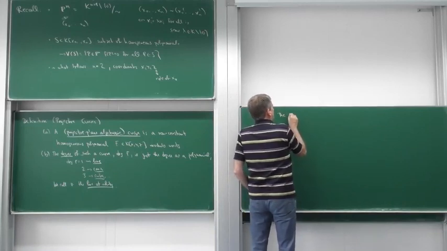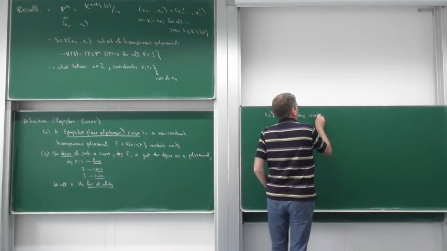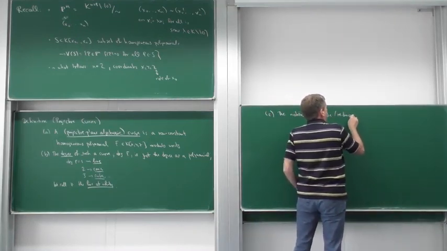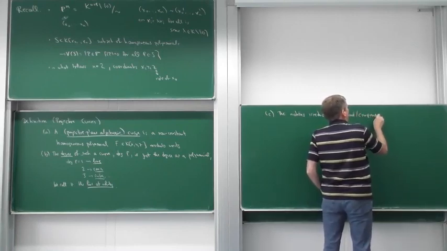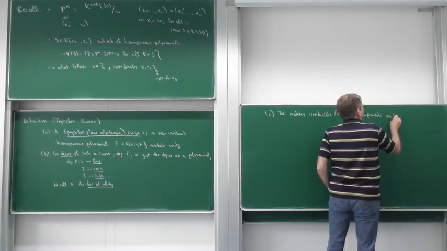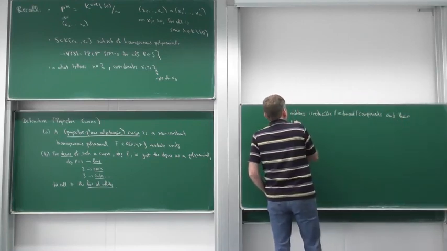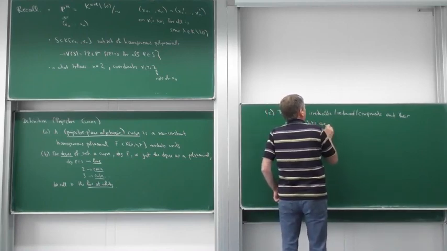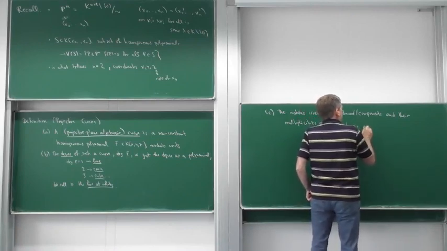So I'll just say the notions irreducible or reducible and reduced, and components and their multiplicities are defined as in the affine case.